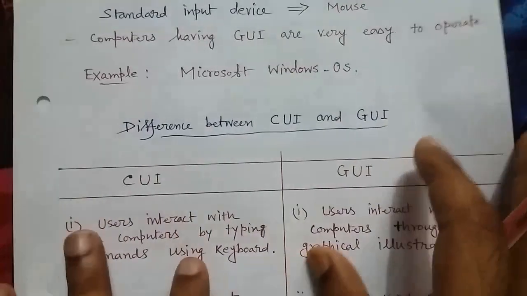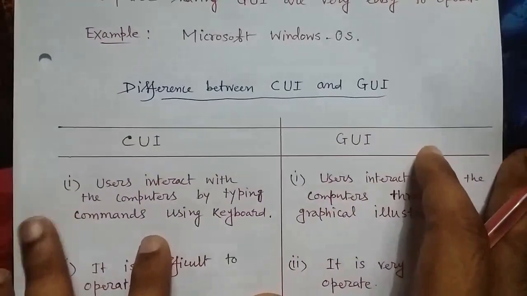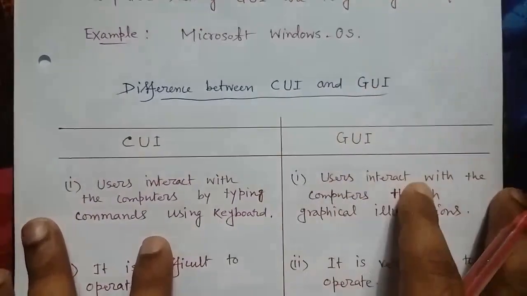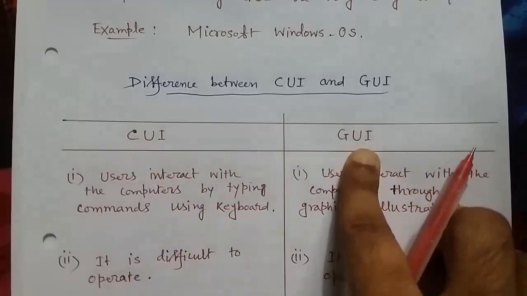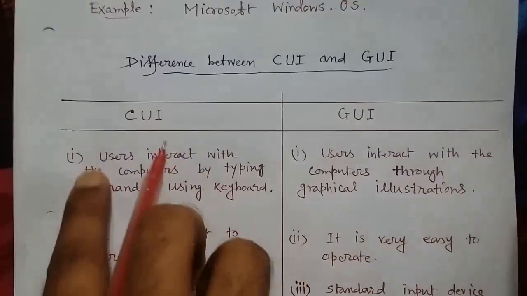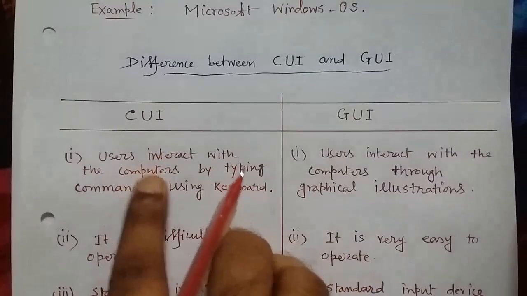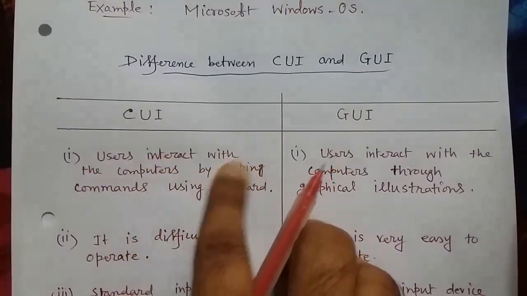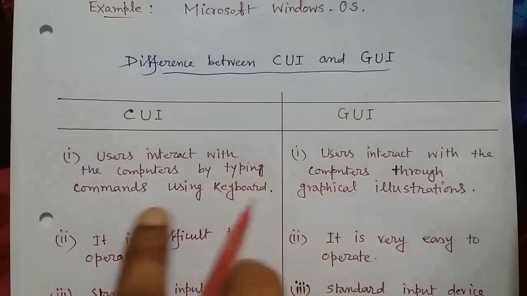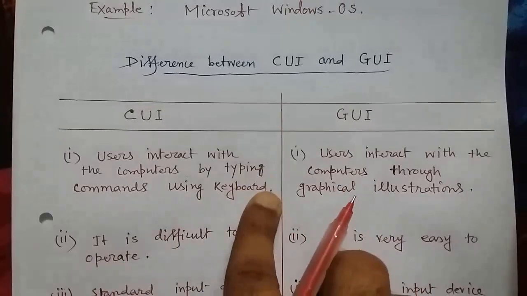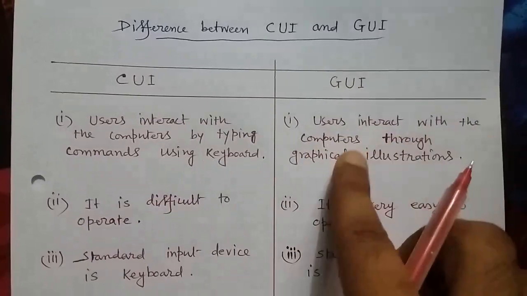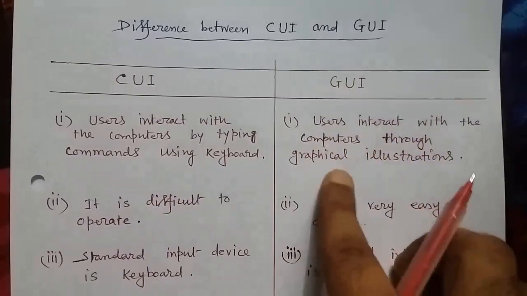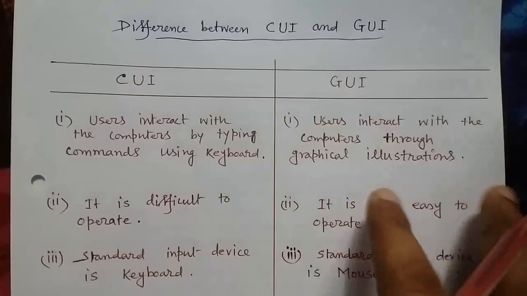Okay, now we will learn the difference between CUI and GUI. On the left hand side CUI and on the right hand side GUI. Number one, in CUI users interact with the computers by typing commands using the keyboard, and in GUI users interact with the computers through graphical illustrations.